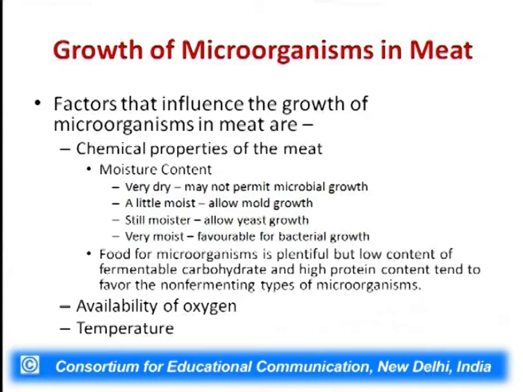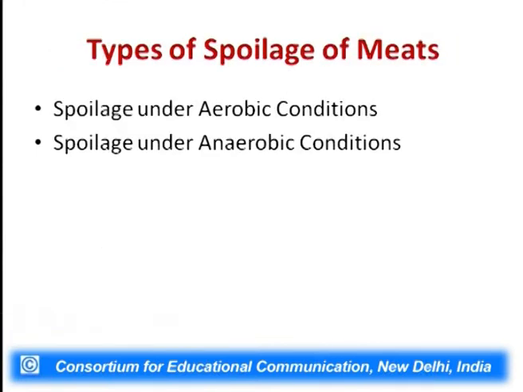Available oxygen affects the type of microorganisms. If oxygen concentration is higher, then aerobes will grow and spoil the meat. If the meat is stored at low temperature and psychrotrophs are there, then these will cause spoilage even at low storage temperatures.